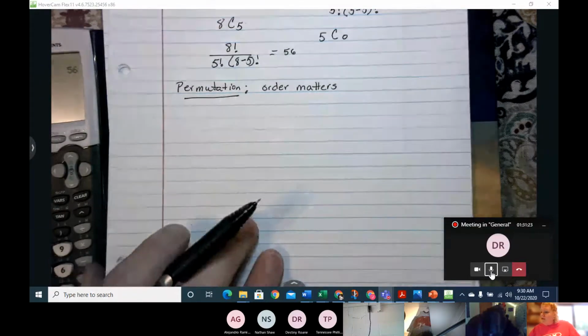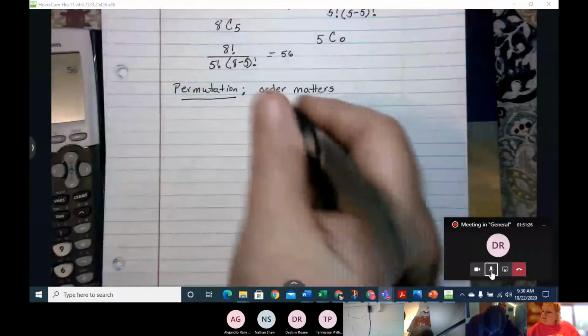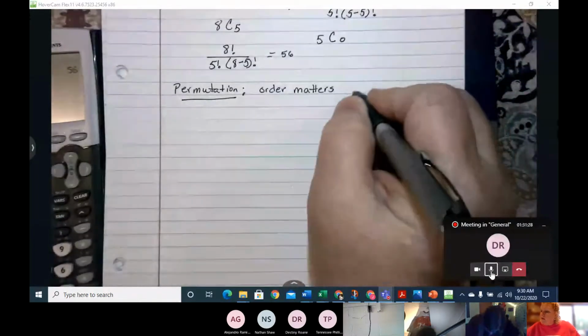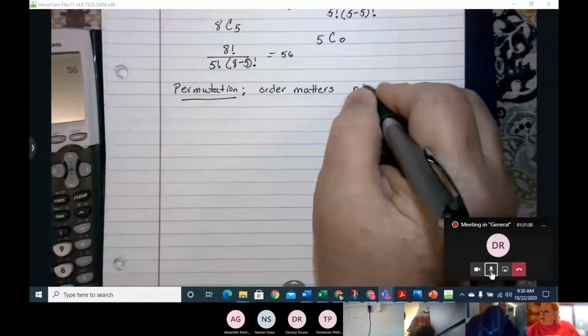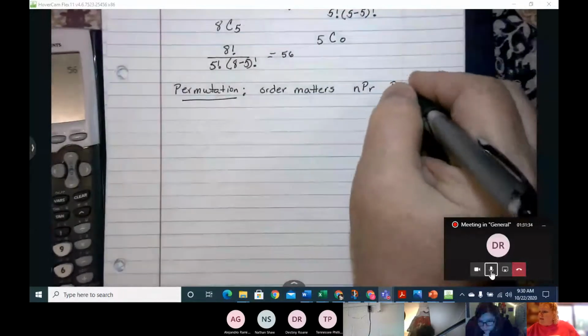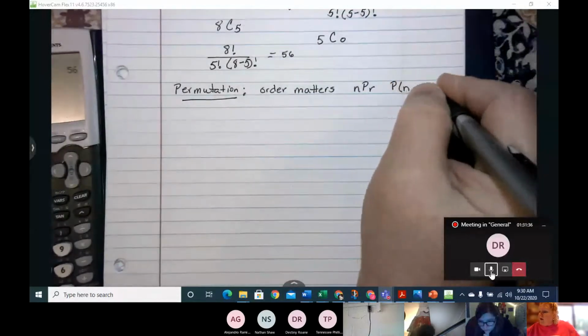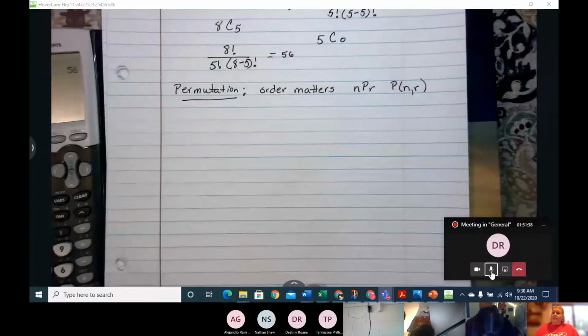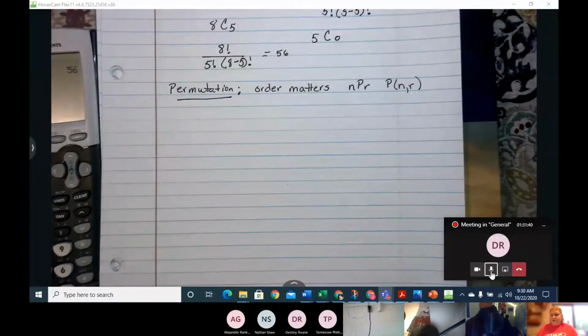With a permutation, that notation is n permutation r, or nPr. So it looks very similar to the combination. Again, the only difference is the fact that the order matters instead of it doesn't matter.